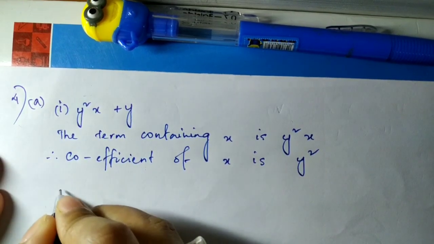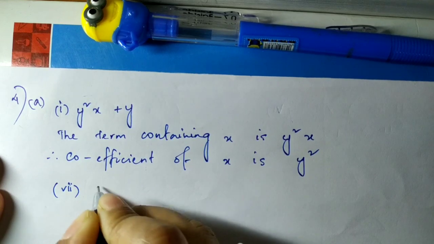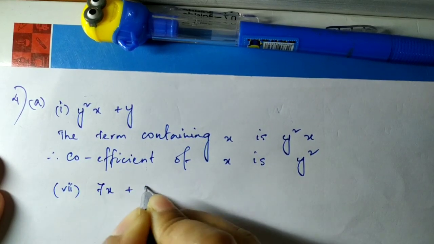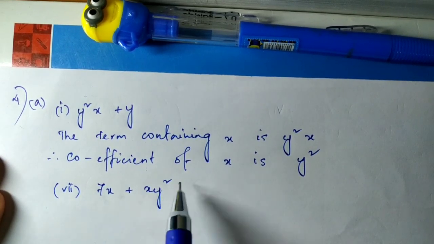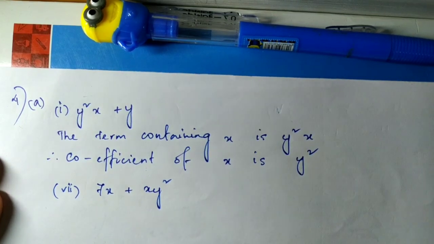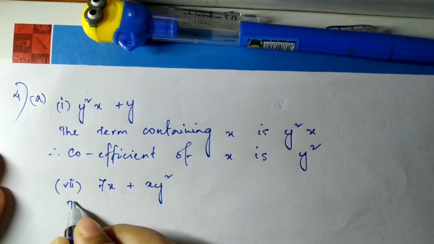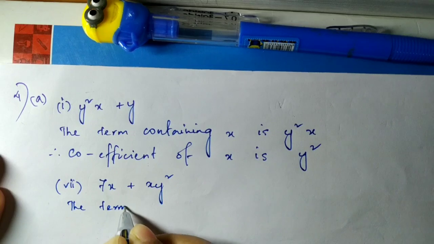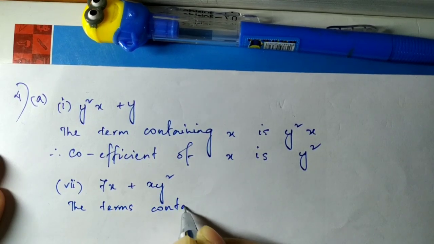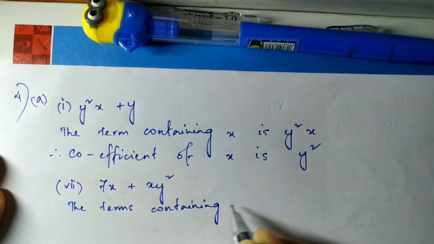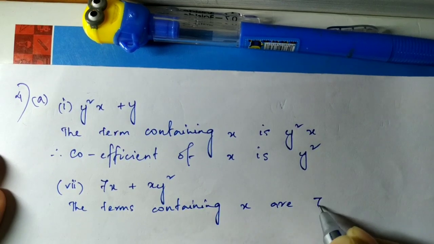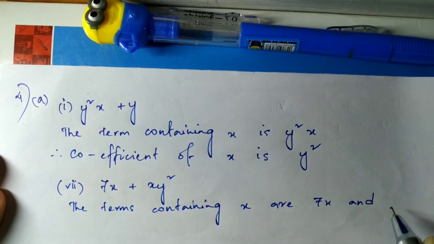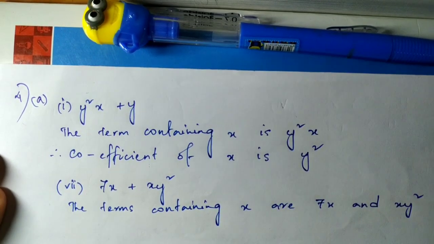Here you can see 7x plus xy square. So the terms containing x, both of them have x with them. So the terms containing x are 7x and the other one, xy square. You have to write down the coefficient for both of them.